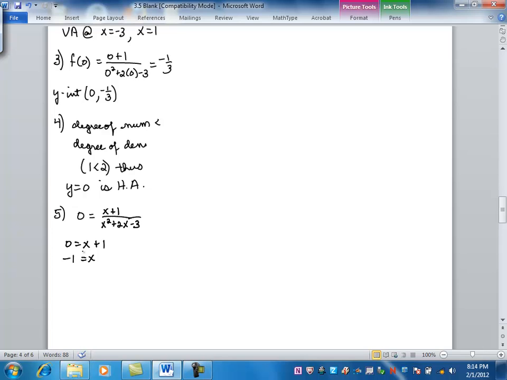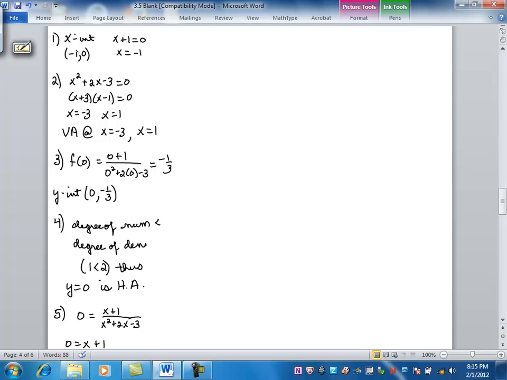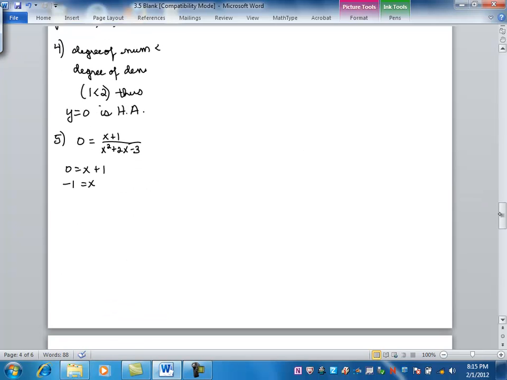At x equals negative 1, we are going to cross. We know when x is negative 1, our y value is 0. So just a note, we cross the horizontal asymptote at (-1, 0). Okay?